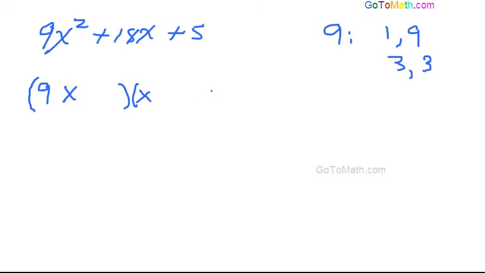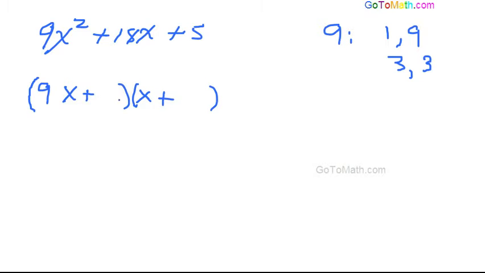So look at 9 over here, it's either a 1 and a 9, or this is going to end up being a 3 and a 3, right? Good news is the only thing that goes into 5 is 1, so that's kind of the good news. We got to start somewhere. And I do know this, that since both these are positive, this is going to both be positive here.